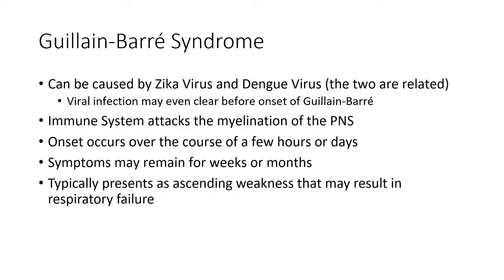It's almost always a virus, and it's frequently Zika or dengue, but it can occur with other infections as well. And so we say here the viral infection may even clear before the onset of Guillain-Barré. What is Guillain-Barré? It is an autoimmune condition that results from an infection.